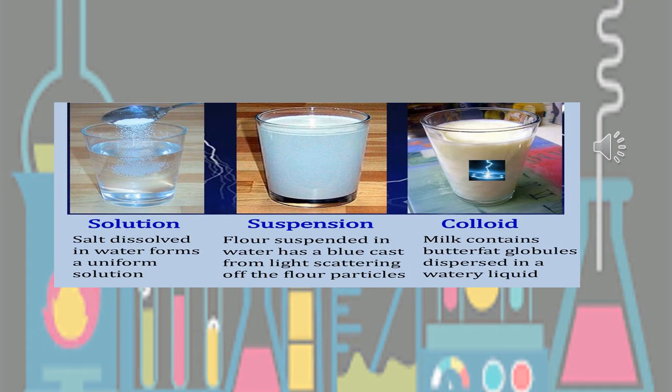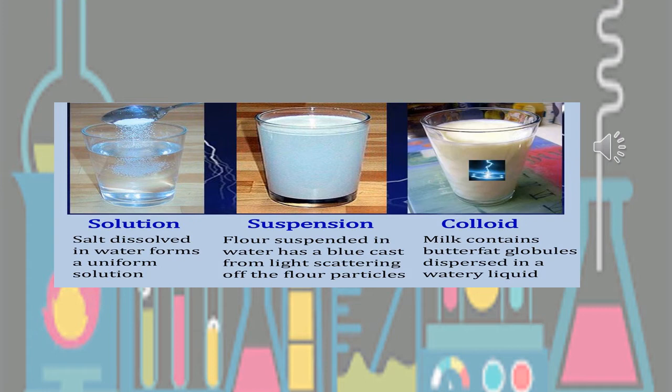That type of mixture is called a colloidal solution. In this, the particles never settle down at the bottom of the glass. So this solution is between true solution and suspension solution.